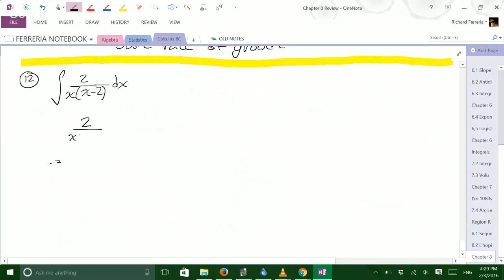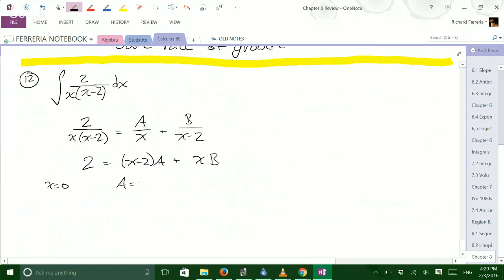2 over x times x minus 2 equals a over x plus b over x minus 2. I always try and write down an answer key here. That means 2 equals a times x minus 2 plus x times b. If x equals 0, then we get a equals negative 1.